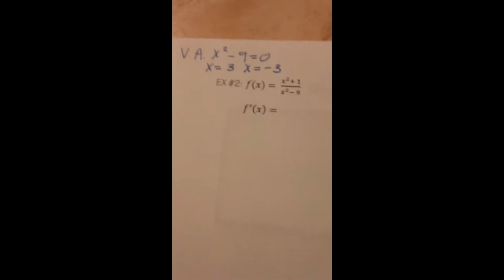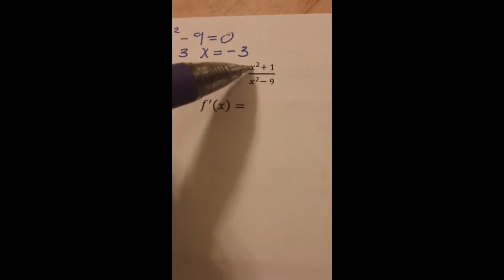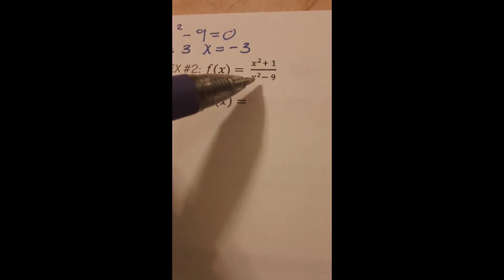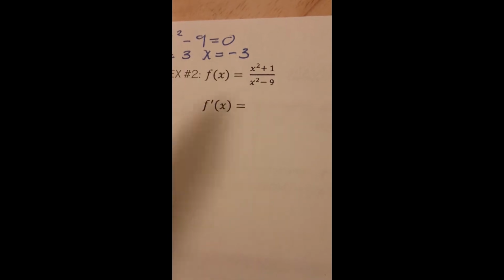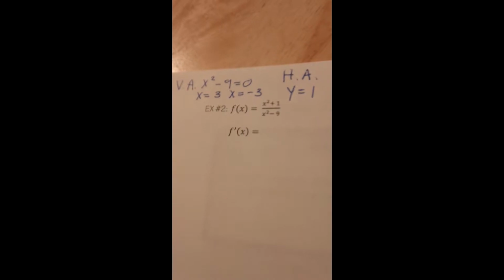For your HAs, you have to look at the degrees of the top and the bottom. The degree here is 2, degree here is also 2, so you take the fraction of the leading coefficients, which in this case are both 1, so really your HA is just 1. There's your VA, there's your HA.